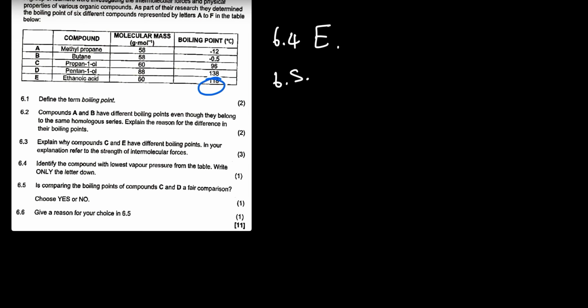So now 6.5, it says in comparing the boiling points of C and D, let's look at C and D. C is this one and D is that one. Is it a fair comparison? Yes, it's a fair comparison, because you see, we have alcohol there. And 6.6, they say give a reason why.